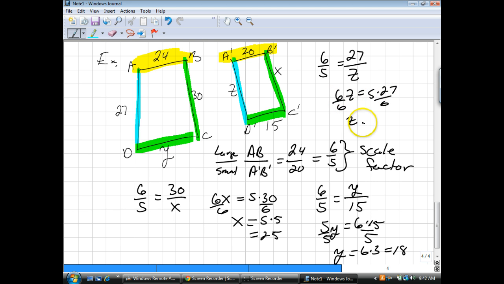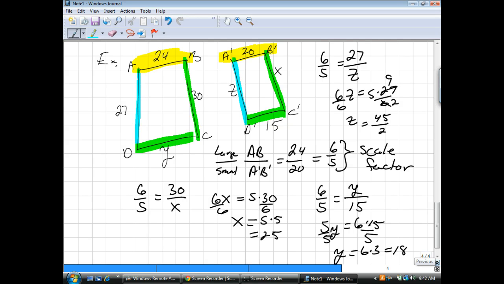So z equals 45 over 2, because this reduces to 2, this reduces to 9, so 5 times 9 is 45 over 2. So again, the scale factor allows me to find the lengths of unknown sides.